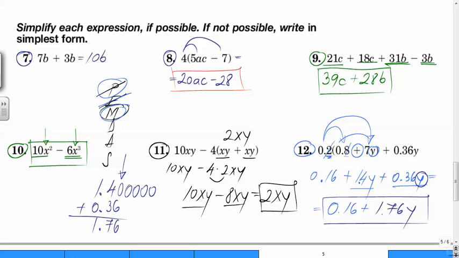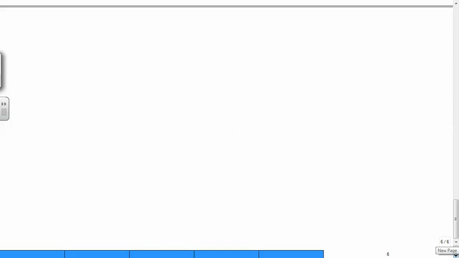Let's try a few more. There's none here, but let me write one from your book. Combine like terms, and you have, this is problem number 19, page 59.